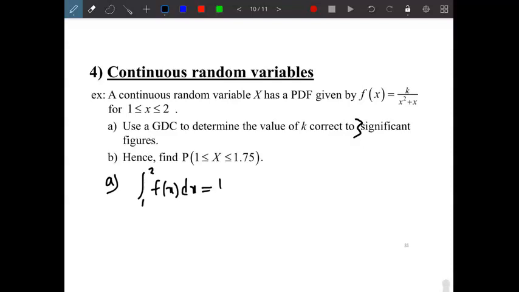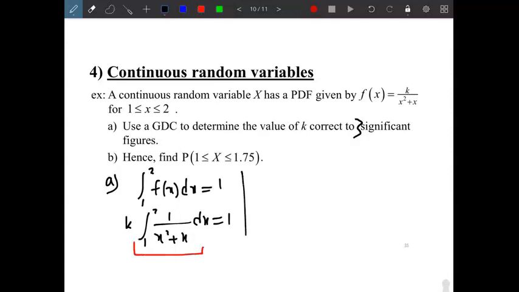Over here, k being a constant, we can just take it outside of the integral. They specifically asked you to find the value of k using your GDC, so what you need to use your GDC for is to evaluate this integral.